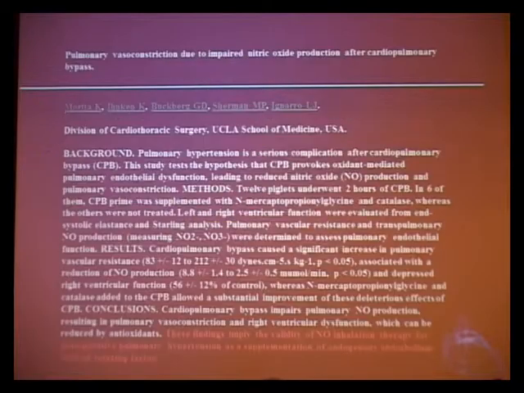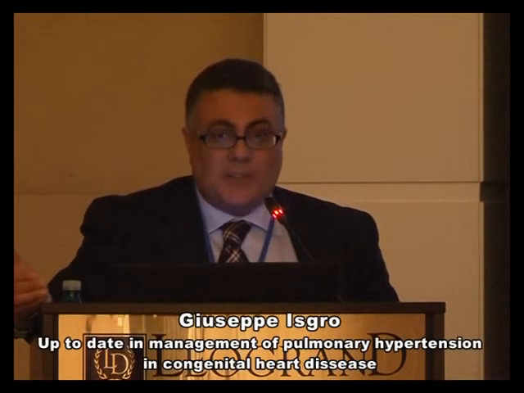And talking about the effects of cardiopulmonary bypass, we know very well from a long time, this is an old paper from UCLA School of Medicine, that cardiopulmonary bypass affects negatively the pulmonary vascular resistance.